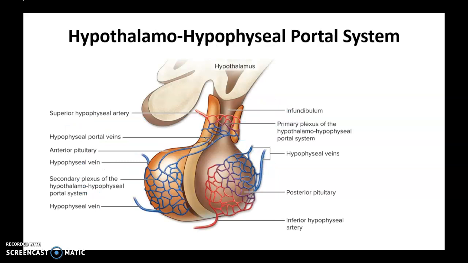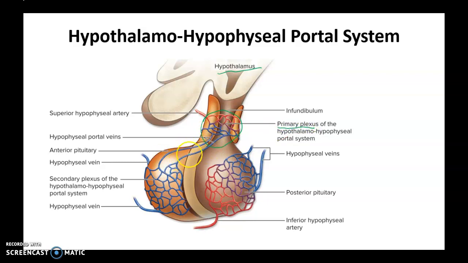So here, what do we see? We see the hypothalamus, the infundibulum, and the pituitary gland. This right here is the first capillary bed of the portal system, and this capillary bed is the primary plexus. Now there are these veins, do you see?